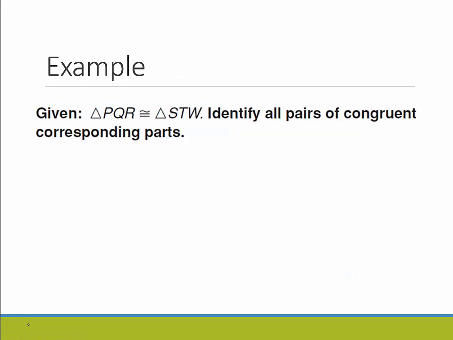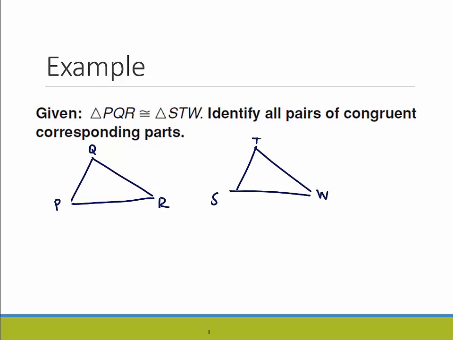Like this problem: given PQR and STW are congruent, identify all pairs of congruent corresponding parts. We could draw a picture of this, PQR, and then we have STW. And remember, again, the order means something.